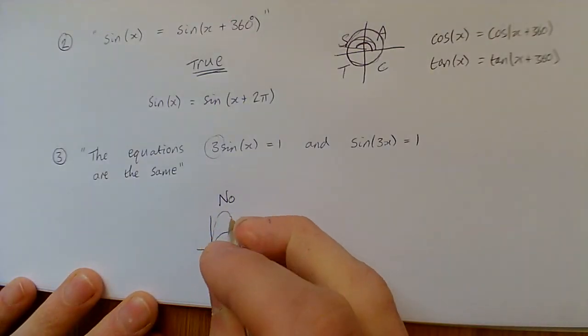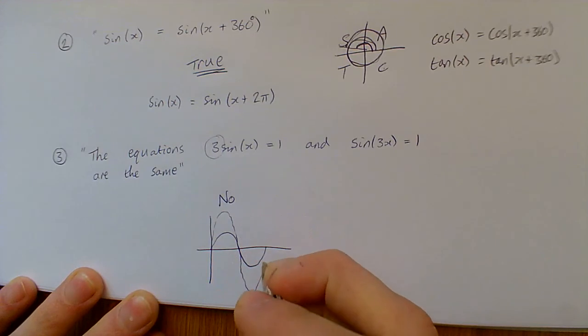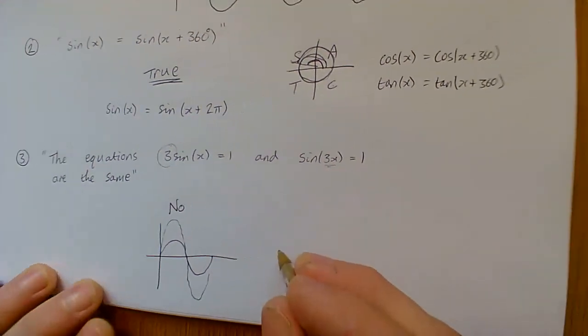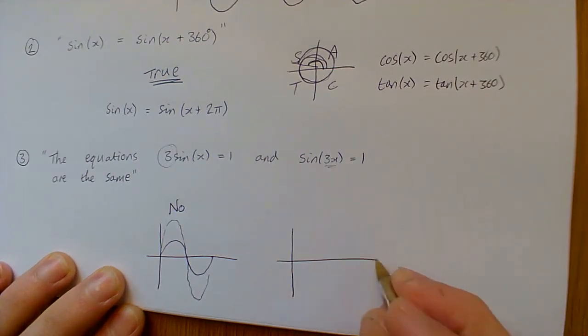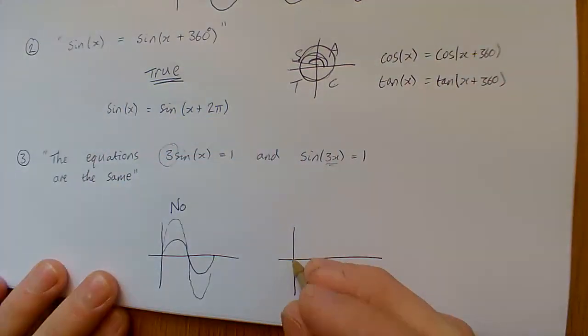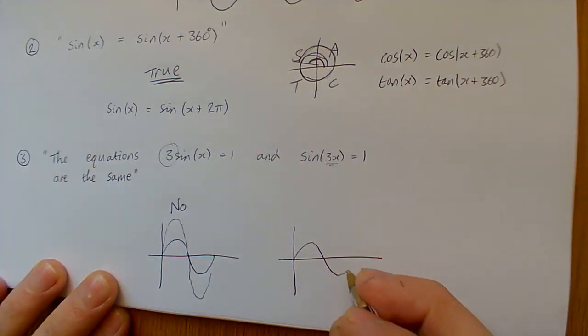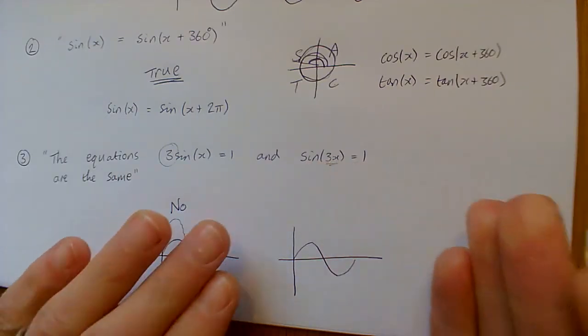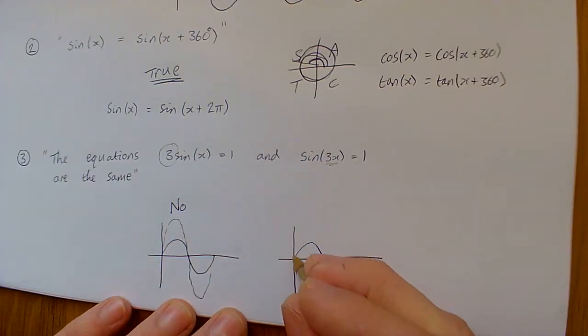So that's going to get us something that looks a lot more like that. On the other hand, multiplying the x value by 3 meant that we get 3 times more things happening. So if this is my sine function again, multiplying by 3 is a squash by 3 in the x direction.